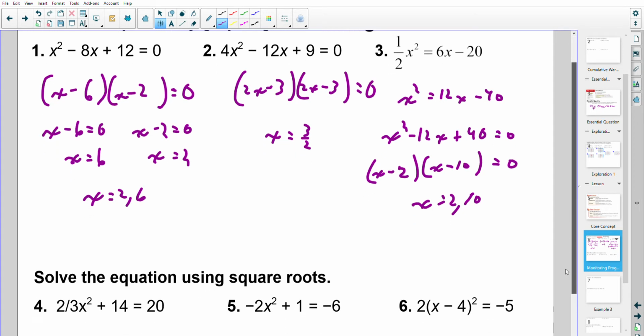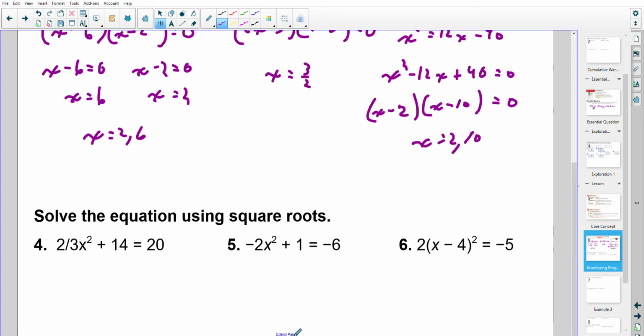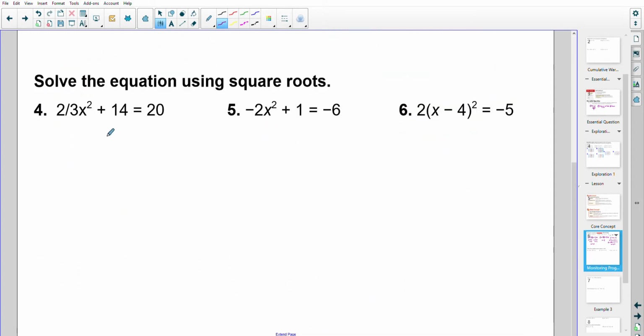All right. The other way to solve the equation is to take the square root of both sides. And to do that, you're essentially solving for x squared. Notice there are no terms that have an x in them, so we're going to go ahead and just solve for x squared first. This is what I'm solving for.